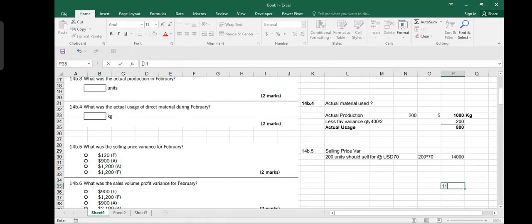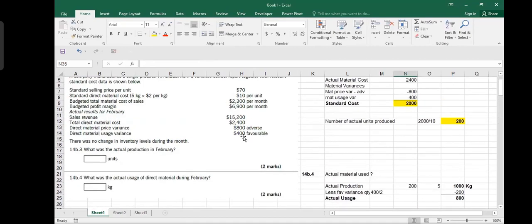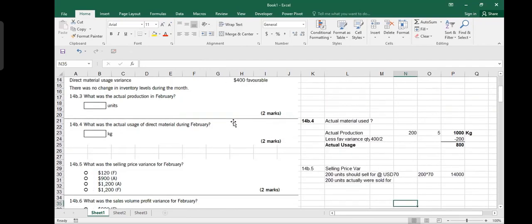But then 200 units actually were sold for how much? Actual sales were 15,200. So you are selling for more.